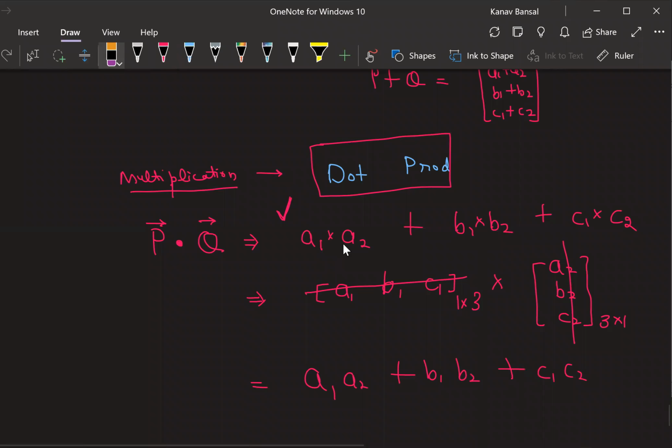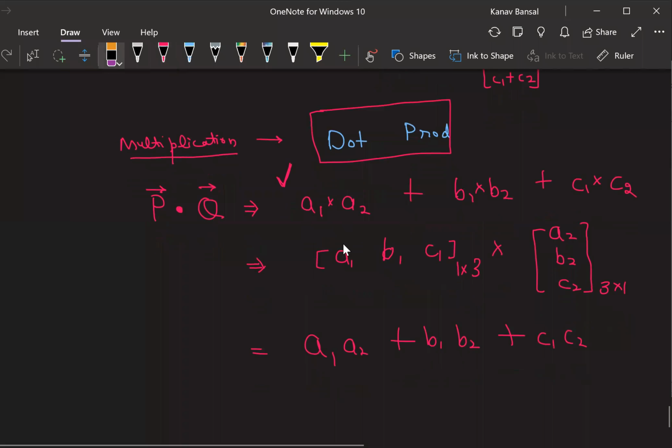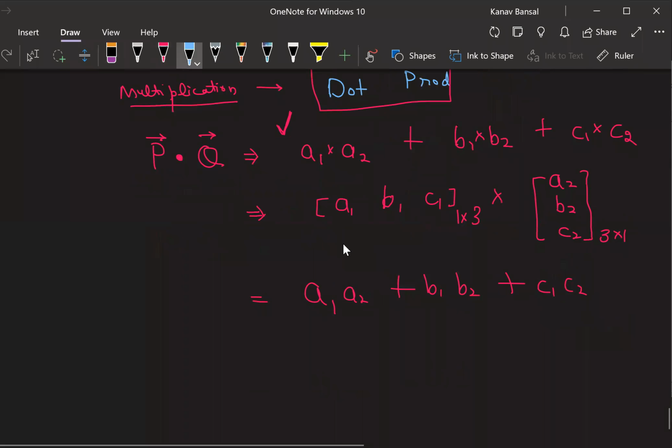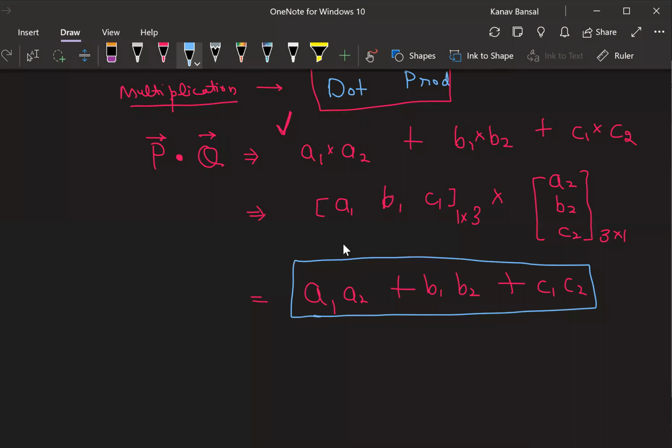How many are able to understand this part? Everyone able to understand this part? Yes or no? Cool. Now, do you see that this outcome can be produced if I write it like this?